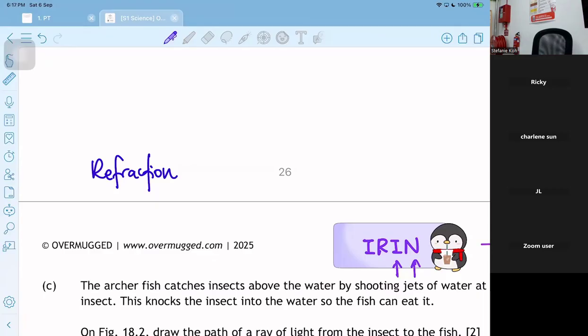How the fish is seeing. It's not the fish passes. You want how the fish sees.